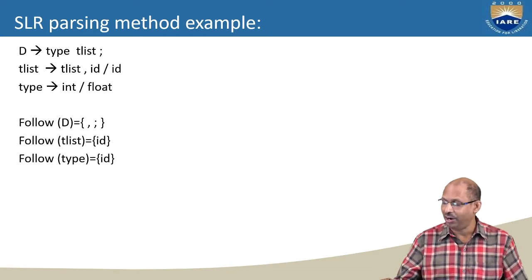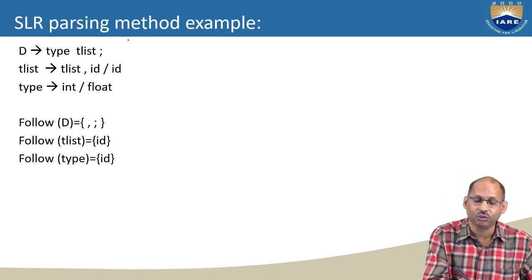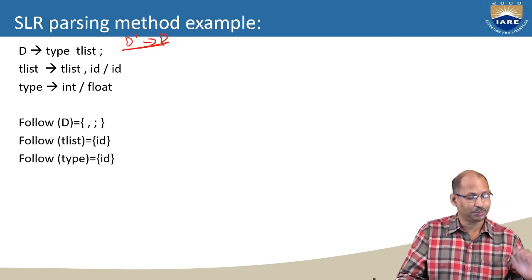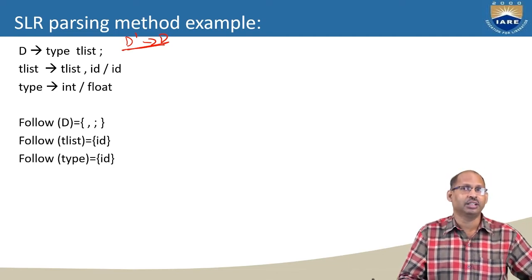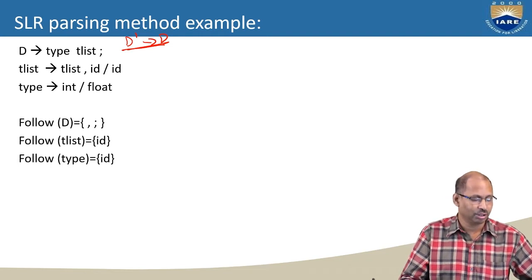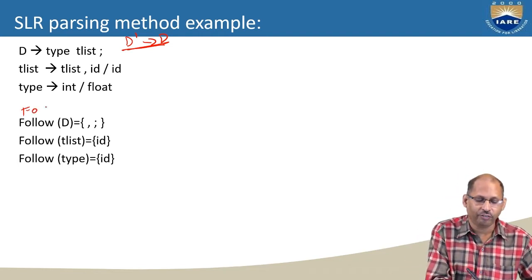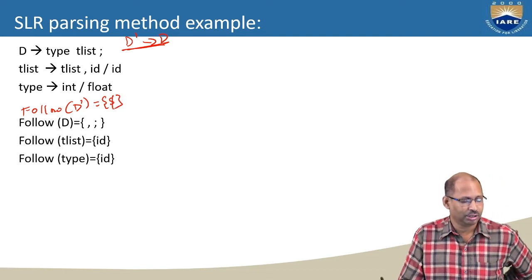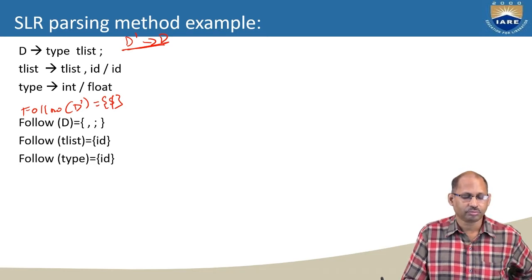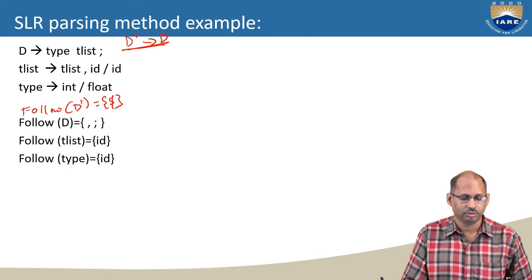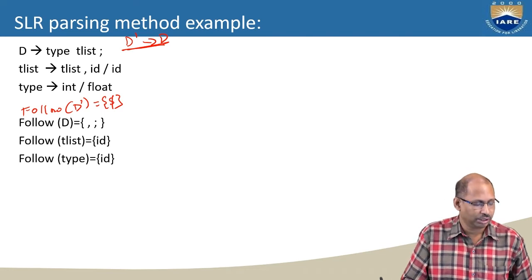First step, what we have to do: we add a new production D dash gives D. We are adding a special production, right? Then what is the follow of D dash? It will be dollar sign.